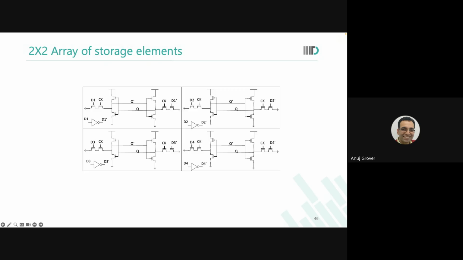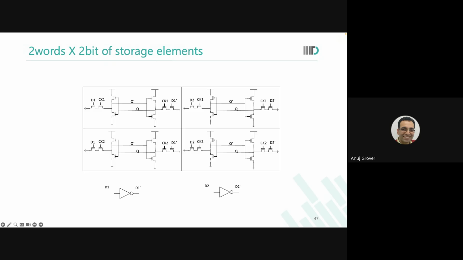So what happens? We say, okay, all these data, D1 and D3, are actually going to be the same. Can I make them common? So I pull that pair of transistors out of every memory cell. Now every memory cell is 8 transistors. This is still not the 6 transistors that we were talking about. This is 8 transistors.